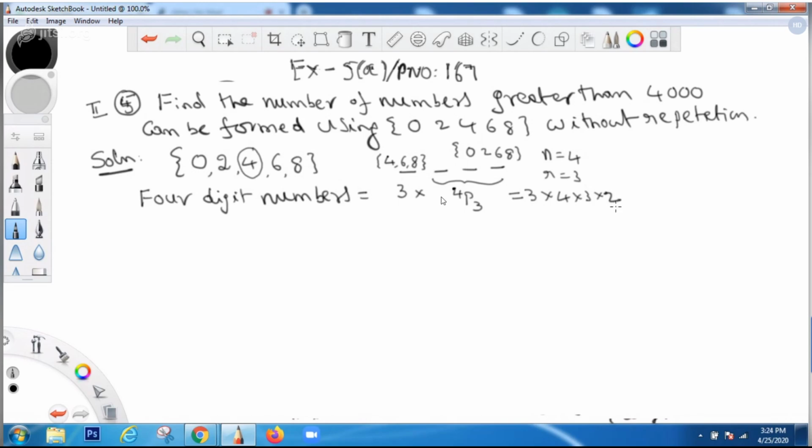On multiplying, 3 twos are 6, 12 into 6 is equal to 72. These are all the 4-digit numbers greater than 4,000 that we have calculated.